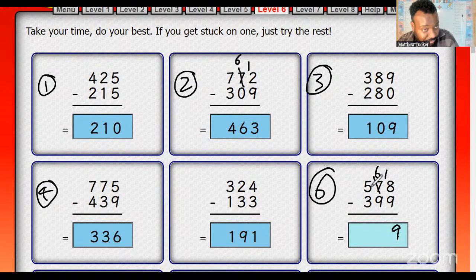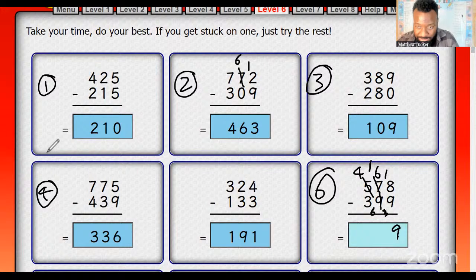Sometimes we do find ourselves in this situation, but that's easy. It's just the same process. 16. So 16, we're going to take away 9 from 16. Well, we know we're going to get 7, but how do we know? If we split 9 into 6 and 3, 6 takes away from 6 to make 0, and then 3 takes away from 10 to make 7, so we know we've got 7 here.